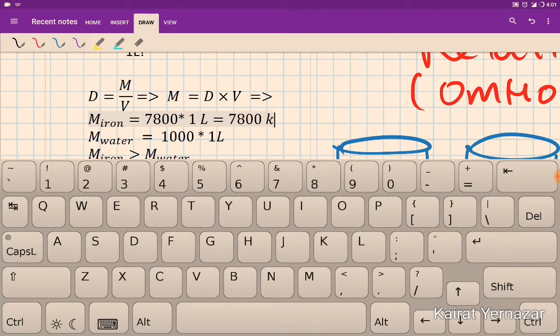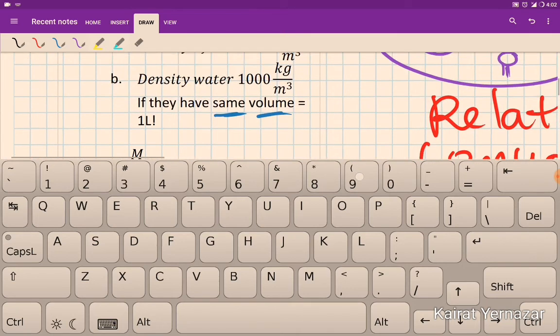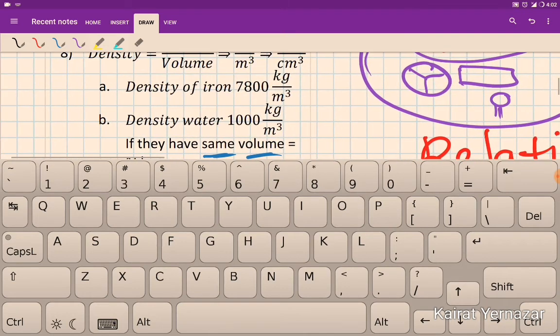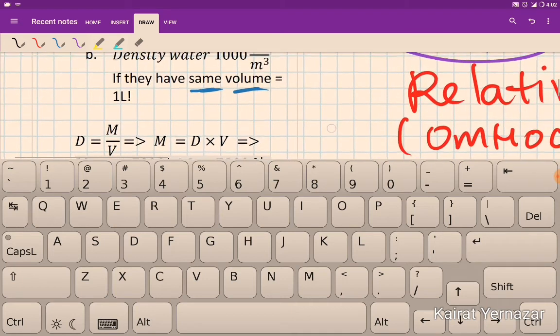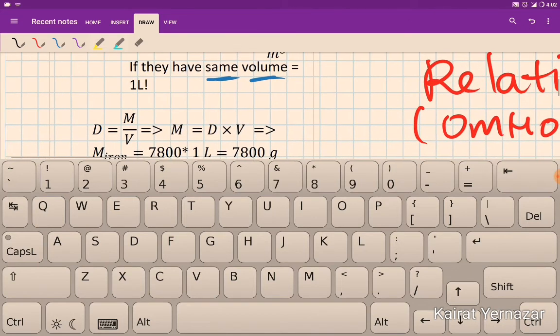7,800 kilograms. And this one is 1,000 kilograms. Am I correct, guys? No, because it was 7,800 kilograms per meter cube, and meter cube divided by liter will be 1 over 1,000, so it was supposed to be grams.